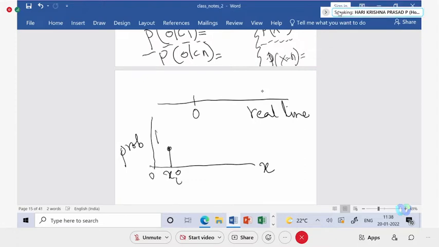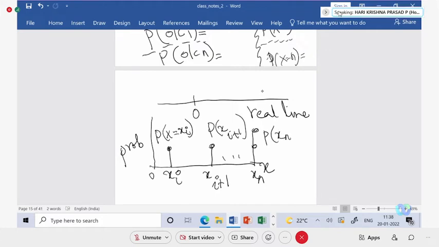What is the probability of random variable x taking a value of xi? That is indicated by a vertical line. What is the probability of random variable x taking a value of xi plus 1? The corresponding probability is here. Like this, we can have different probabilities, right? Xn. I hope the concept is clear, right?